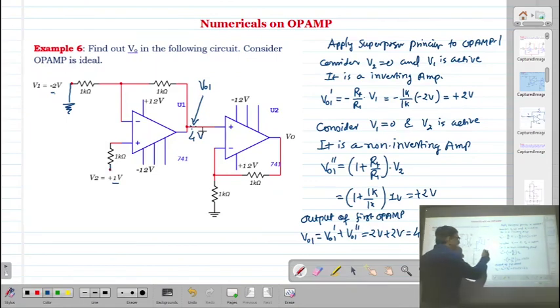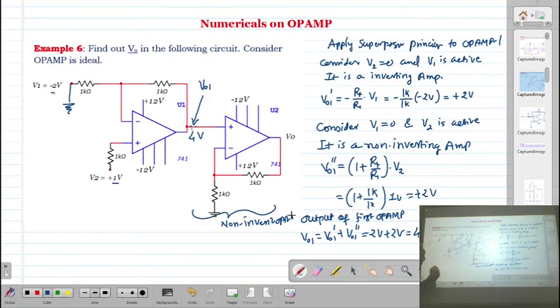Now concentrate on the other op-amp. So here you can see that 4 volt is given to a non-inverting terminal, and here we have a feedback path. So this is your non-inverting amplifier. Remember, this is the non-inverting op-amp.